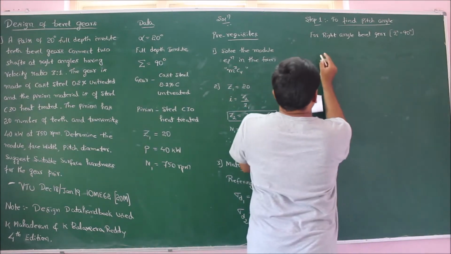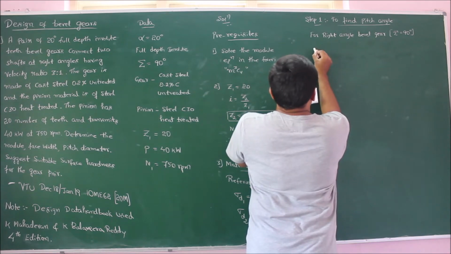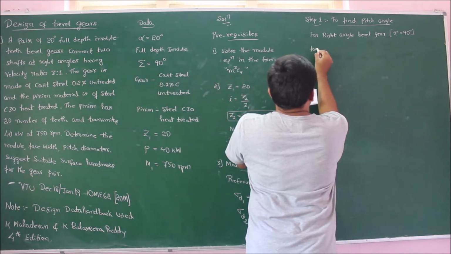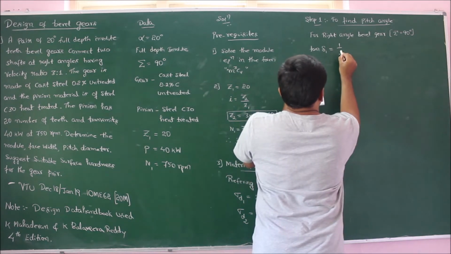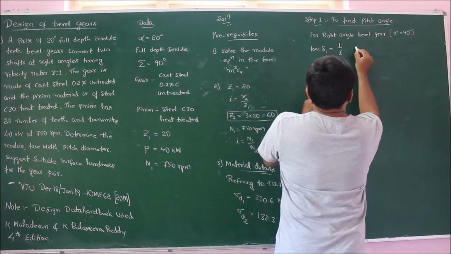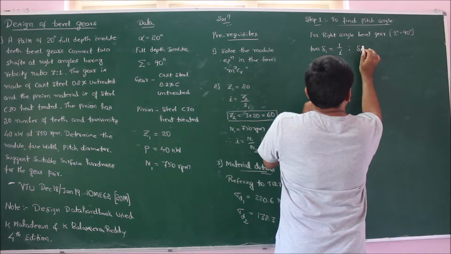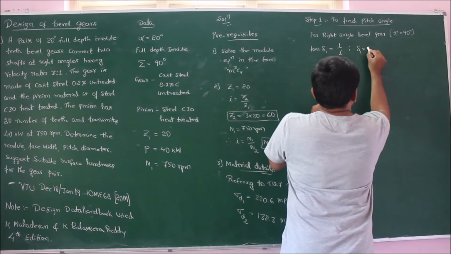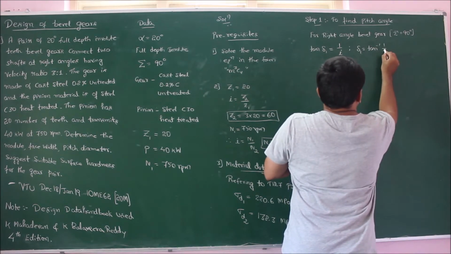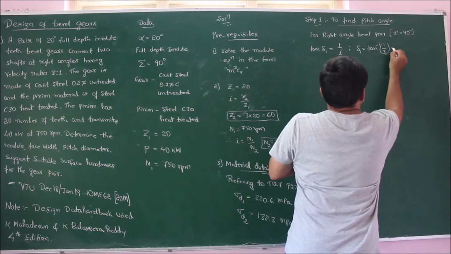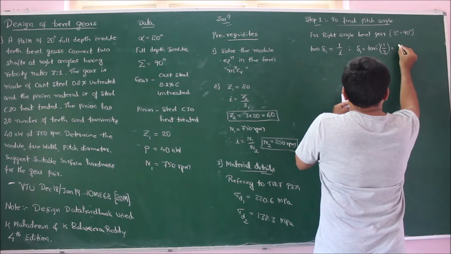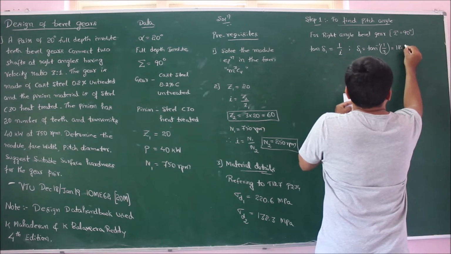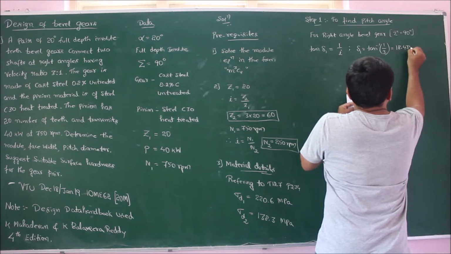For pinion, tan delta 1 is equal to 1 by I. Substituting and solving, delta 1 is equal to tan inverse of 1 by 3, which gives delta 1 as 18.435 degrees.